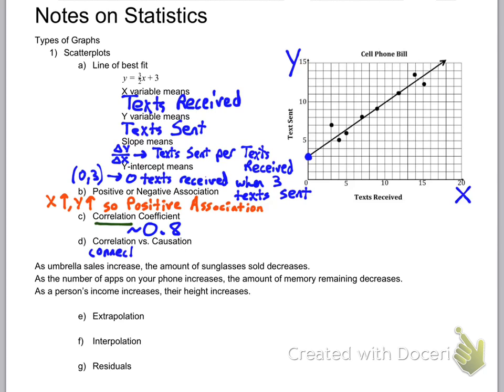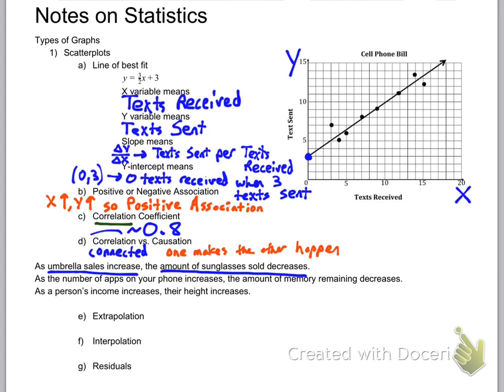Correlation versus causation. Correlation is whether it's connected, and causation means when one makes the other happen. Okay, so let's talk about these two. Umbrella sales increase, the amount of sunglasses sold decreases. I could see those being connected, right? If umbrella sales increase, that means it's probably raining outside, so you're probably not going to sell as many sunglasses.